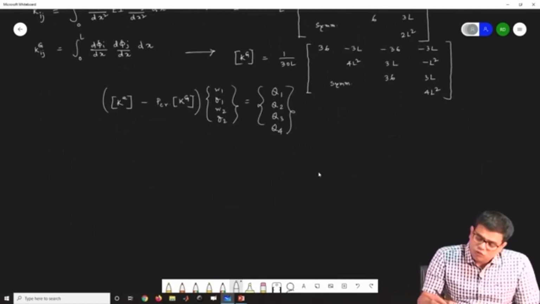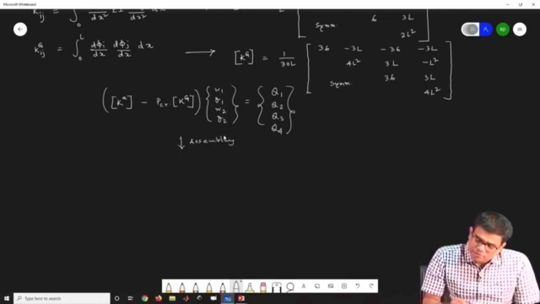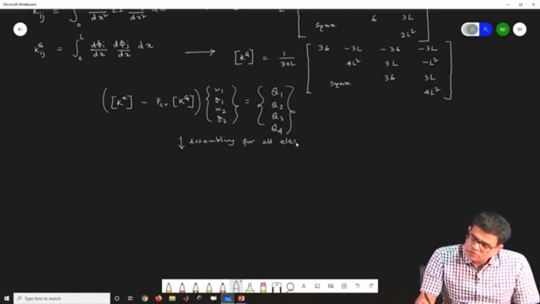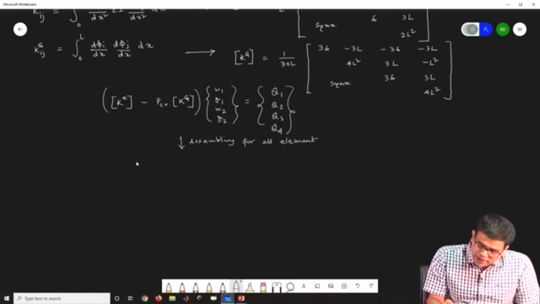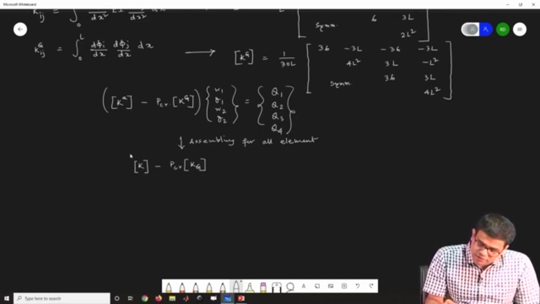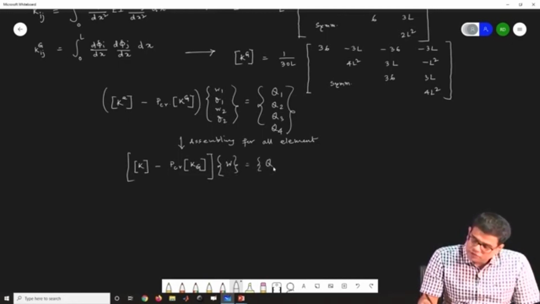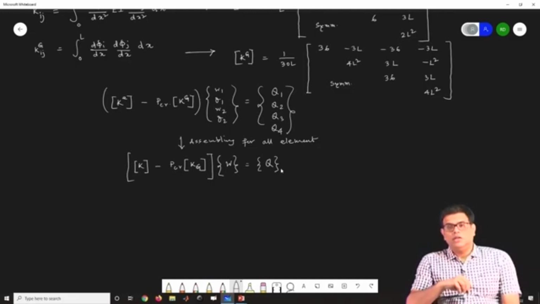Again, after assembling for all elements, you will get the global stiffness matrix K, then P critical, the geometric stiffness matrix Kg, then your vector of W, the global degrees of freedom.